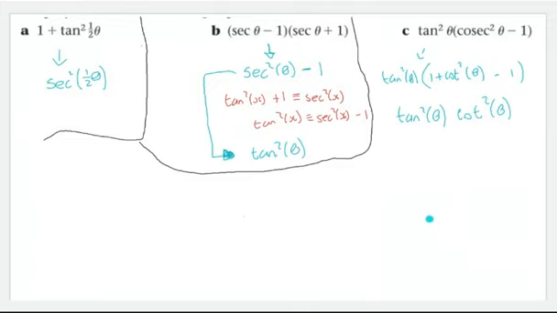Could you change cot squared theta to 1 over tan squared theta? Absolutely. You are both very, very good. Tan squared theta multiplied by 1 over tan squared theta, because that's what cot squared theta is. And then that's asking to be simplified just a little bit more. Would it just be 1? Yeah, because anything multiplied by its reciprocal, by definition of what a reciprocal is, is 1.